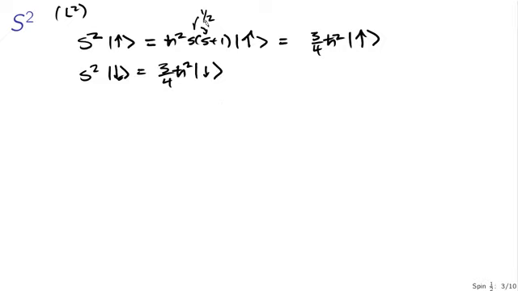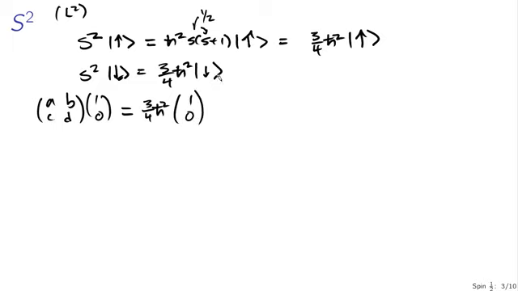These two, we can write those out in the matrix notation. Not knowing what the operator S squared looks like, let's just write it as A, B, C, D, four unknown components in our matrix. Spin up, we know what that looks like. That's 1, 0. And that's going to give us 3/4 h bar squared times our spin up, 1, 0.